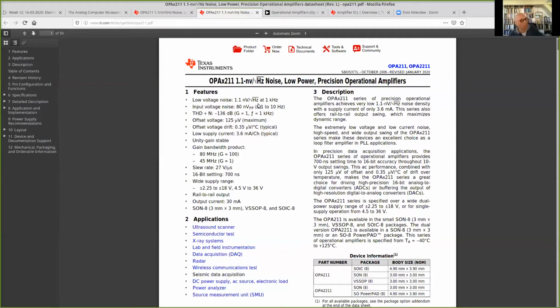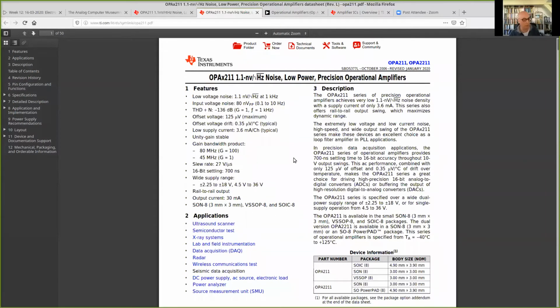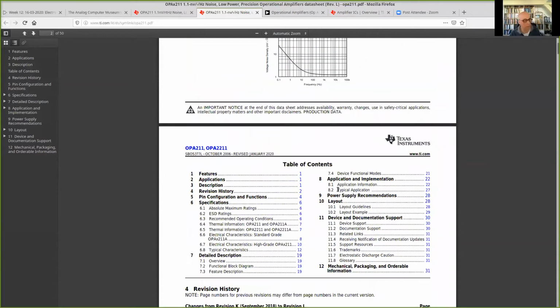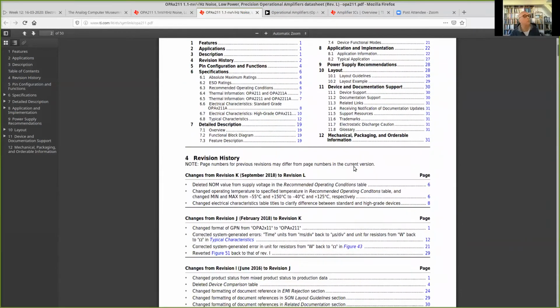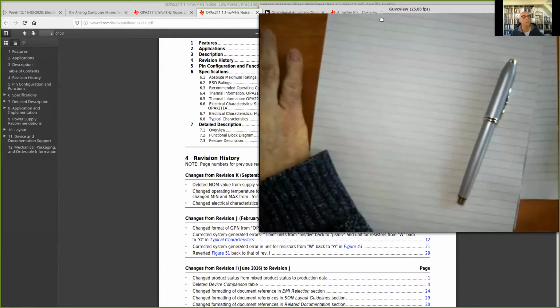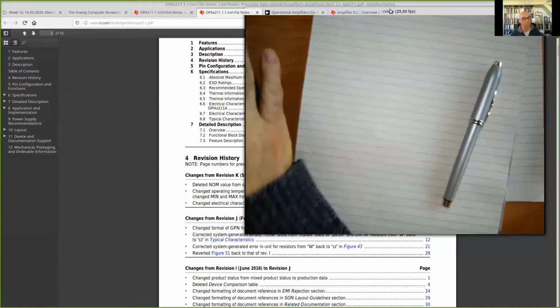Here are some features of the operational amplifier, but that is more for selling than for technical stuff. Here is the noise, but we want to do the small signal dynamic behavior. Now maybe I can combine it with my wonderful writing tool you see here.